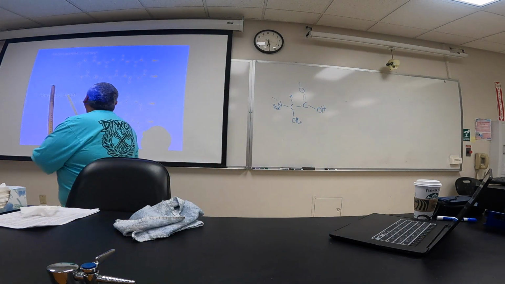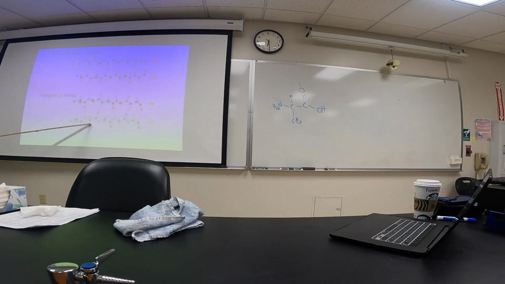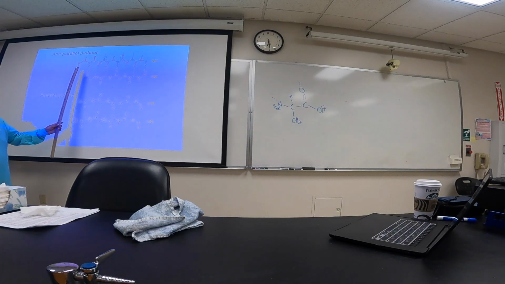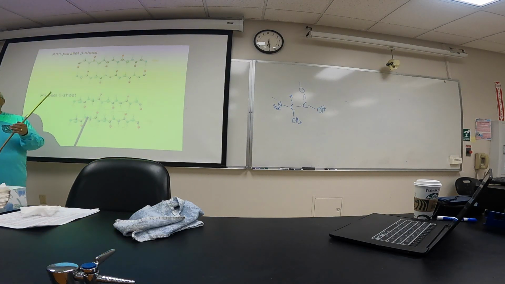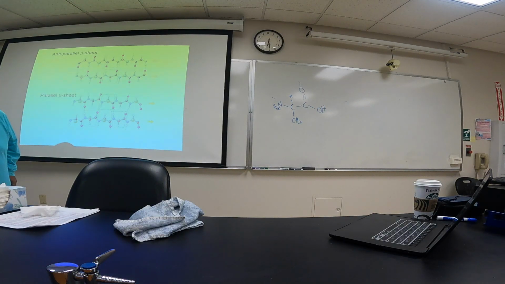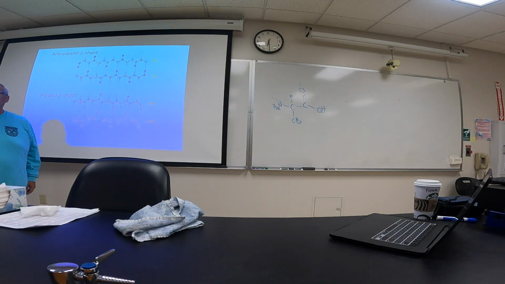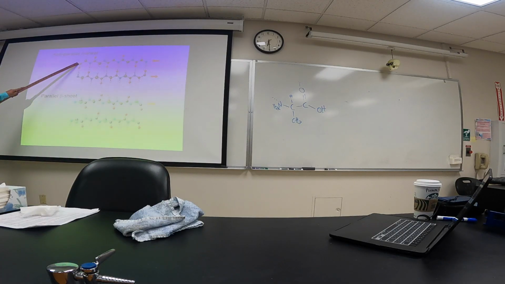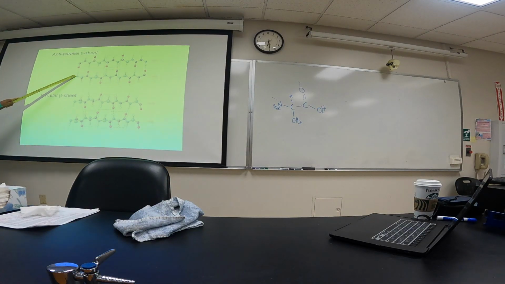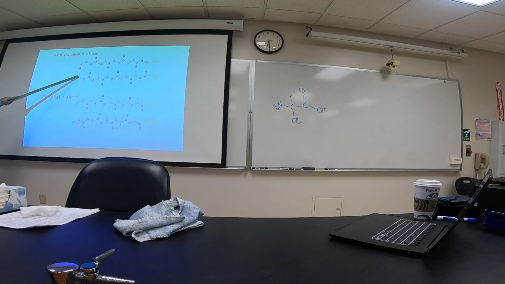Now, as far as beta pleated sheets, there are 2 types of beta pleated sheets. Right? We consider these to be anti-parallel, or they can run parallel to each other. Now, as far as parallel, let's look at anti-parallel because there are some differences here. Right? When they run anti-parallel, they're running in opposite directions. Here's our carboxyl end, and the blue will usually represent nitrogen here.